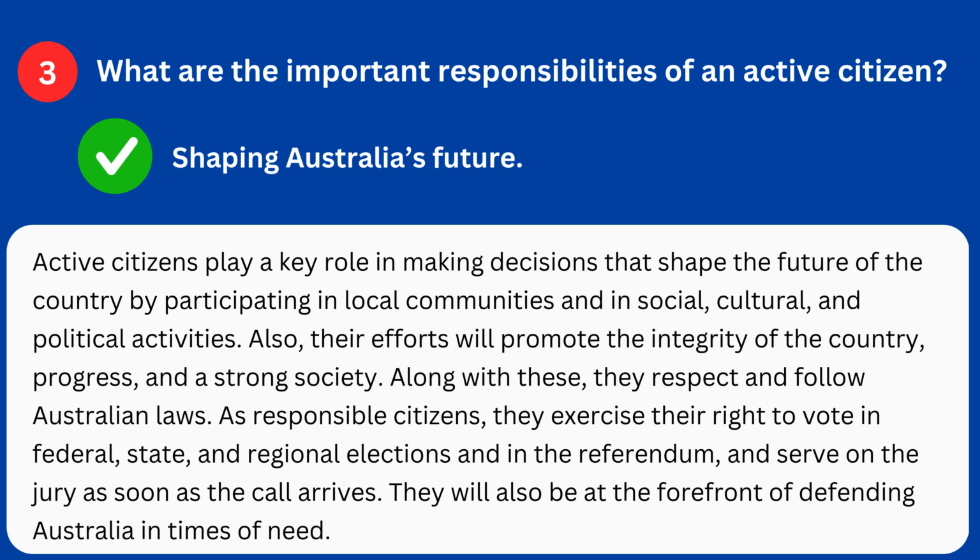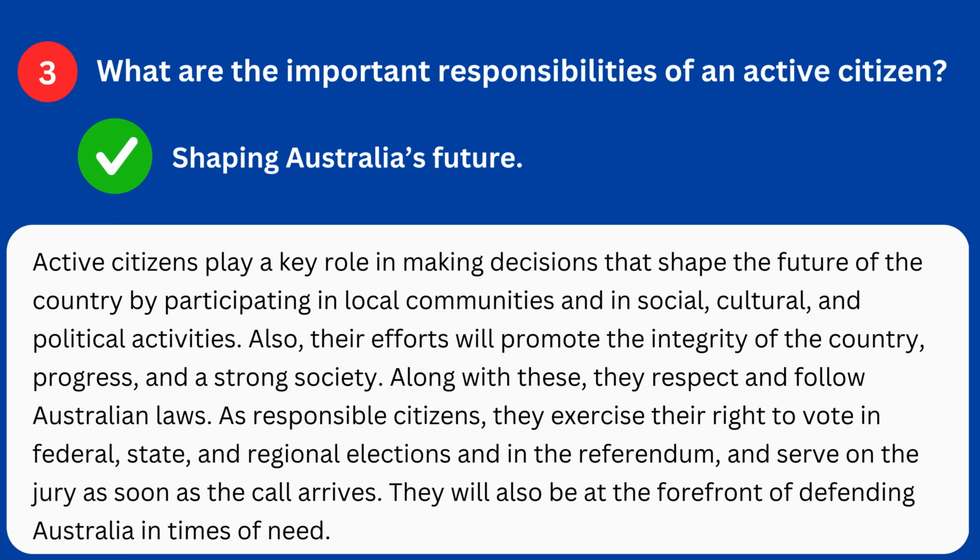Explanation. Active citizens play a key role in making decisions that shape the future of the country by participating in local communities and in social, cultural, and political activities. Also, their efforts will promote the integrity of the country, progress, and a strong society.